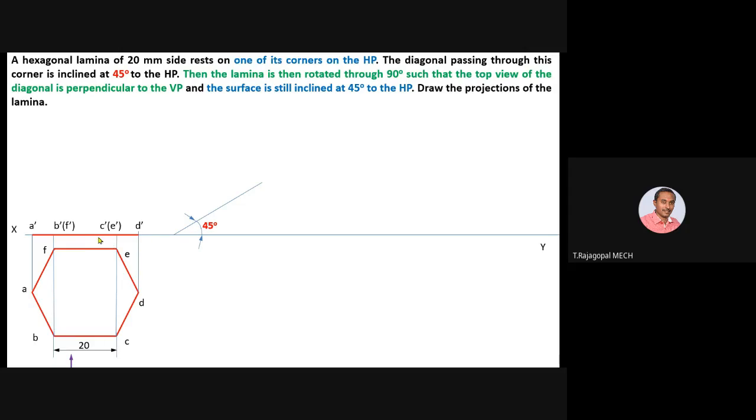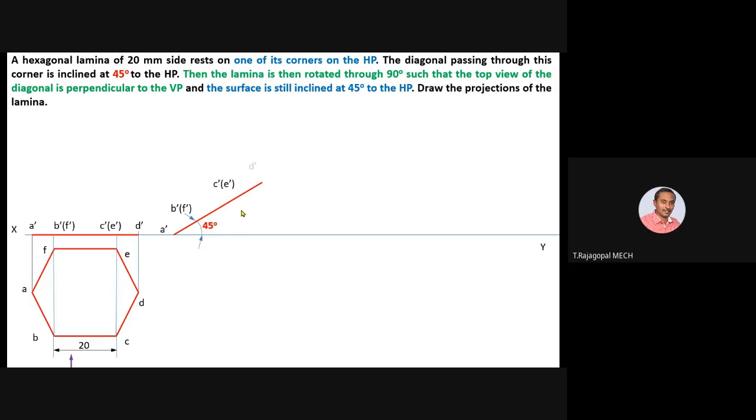So I have to fix A dash because A is the corner which is lying on HP. So fix A dash on XY, measure the length of the simple position front view and reproduce the same on this 45 degree inclination line. Afterwards, you can also measure the distance between A dash and B dash, F dash, and measure the distance from A dash to C dash and E dash.